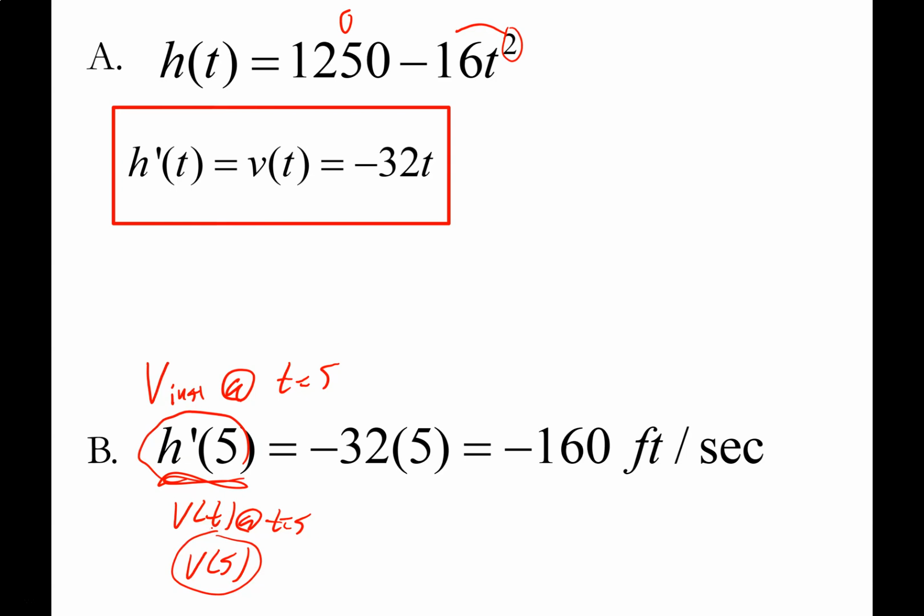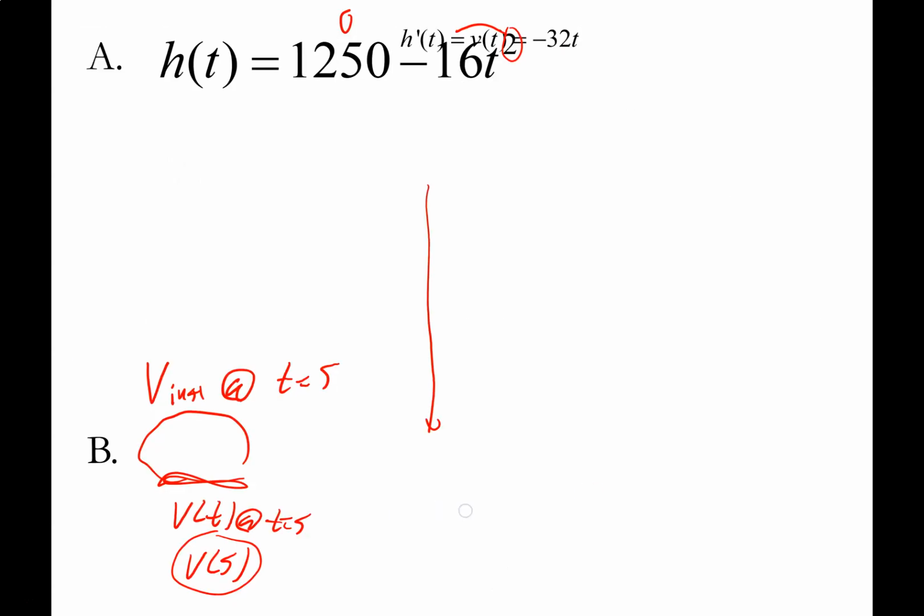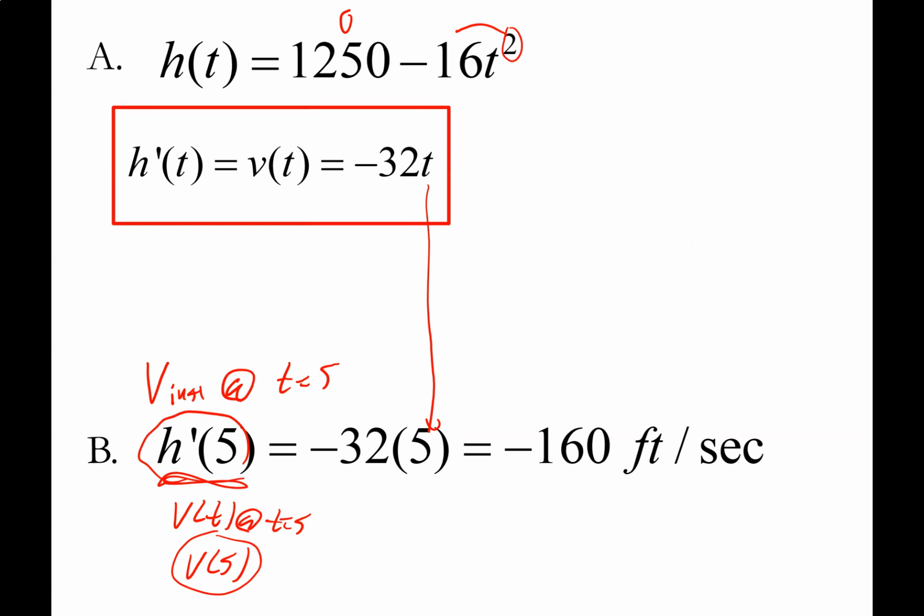All I did was plug 5 in for the t. So the instantaneous velocity at time 5 seconds, I know that it is going downward at a velocity of 160 feet per second. So that object is really hauling some tail right there.